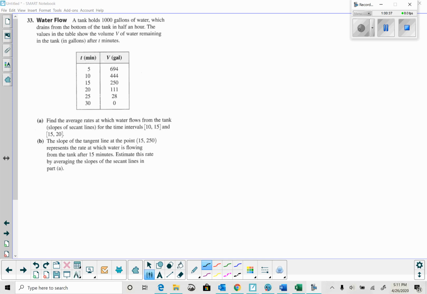All right, so for the first time interval, the slope there, let's see, at 15, it was 250. At 10, it was 444, over 15 minus 10. So that'll give us negative 38.8 gallons per minute.